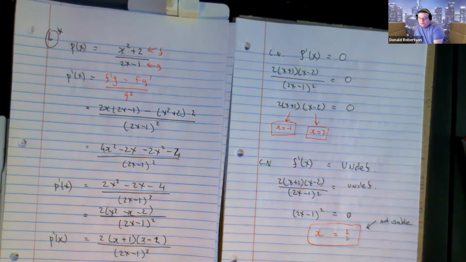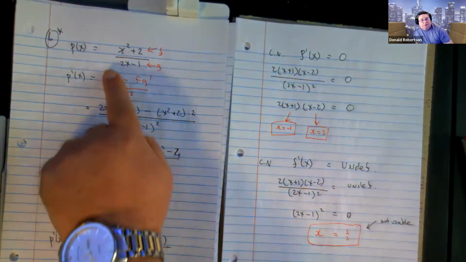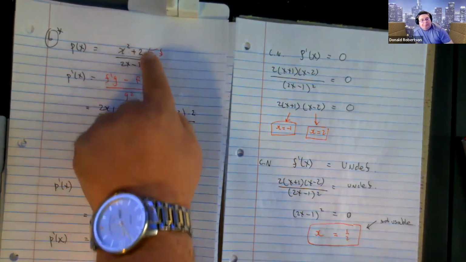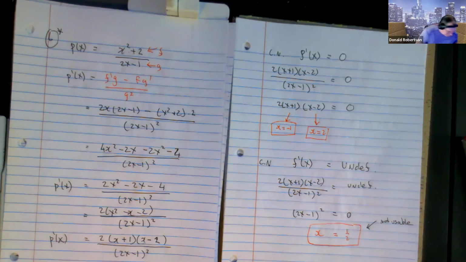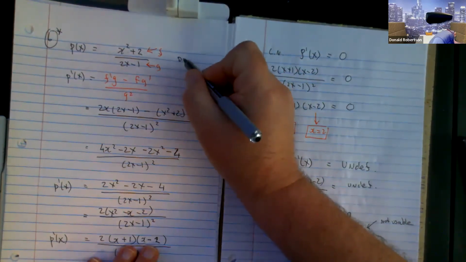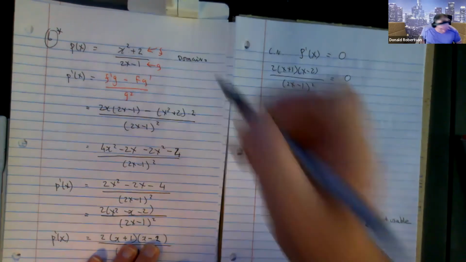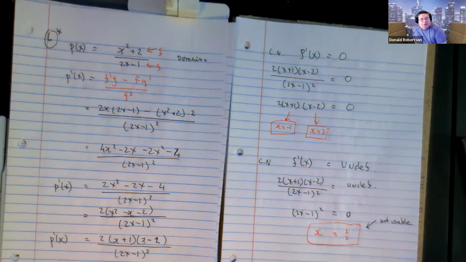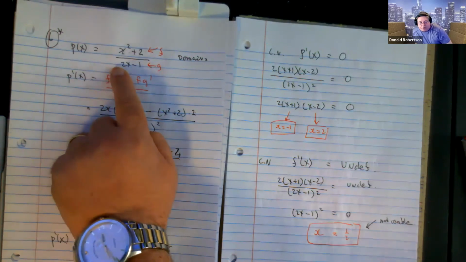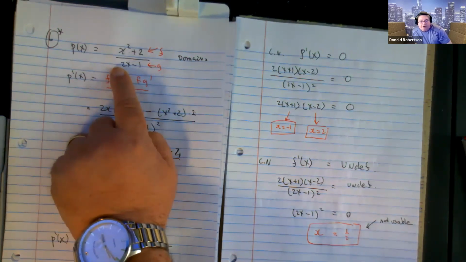Why am I not going to use that one after finding it? And it's nothing to do with calculus. It's to do with up here. And it's to do with the domain of a function. If you have a rational function, isn't the domain the usable values of x?